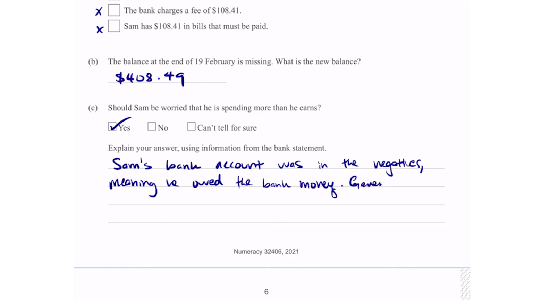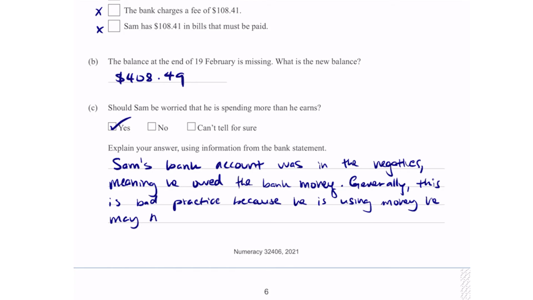Generally speaking, this is bad practice because he is using money he may not have. Again, no mark schedule, so this is my opinion. Let me know if you think otherwise.